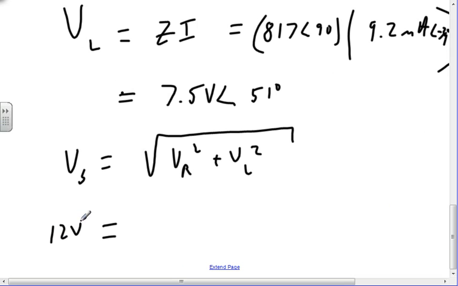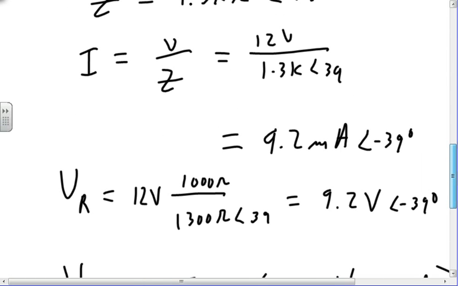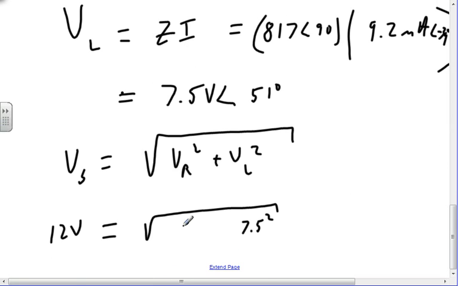So 12 volts had best be the square root of 7.5 squared, and the voltage across the resistor was 9.2. So that had better be true. And if that's not true, then we'd better go back to the drawing board and do something.